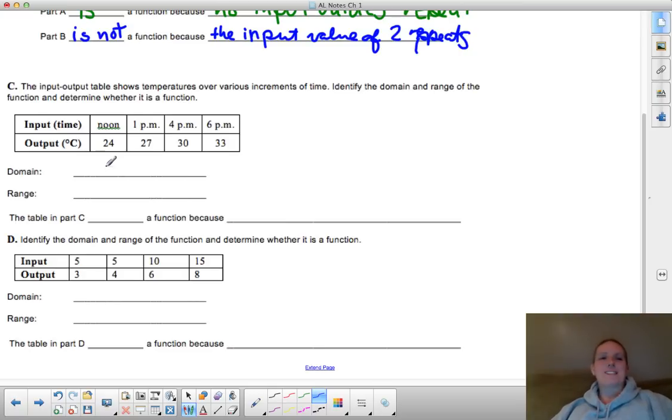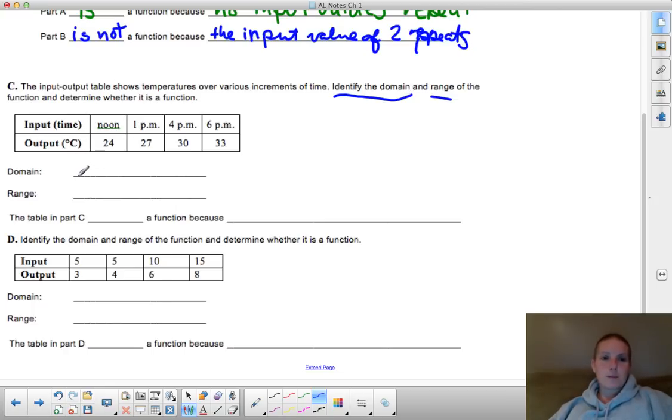Okay, let's move to part C. The input-output table shows temperatures over various increments of time. Identify the domain and range of the function and determine whether it is a function. So we have to do both parts, right? We have to identify domain, identify range, and determine whether it is a function.